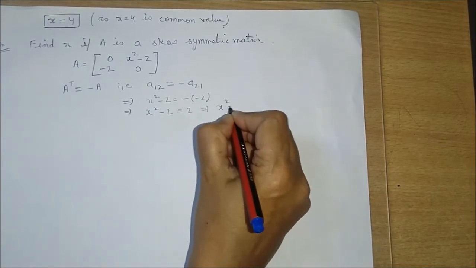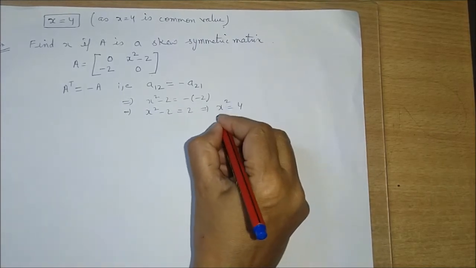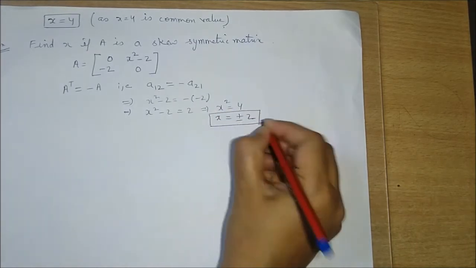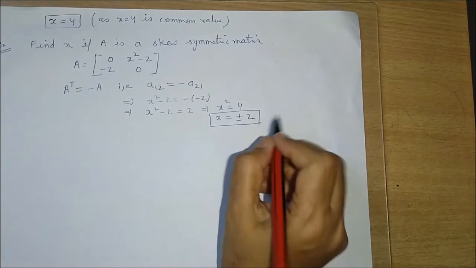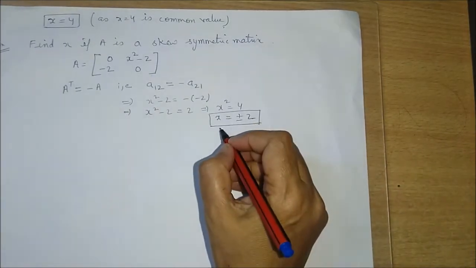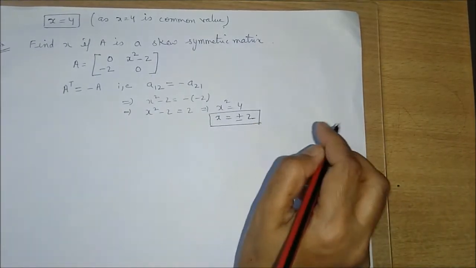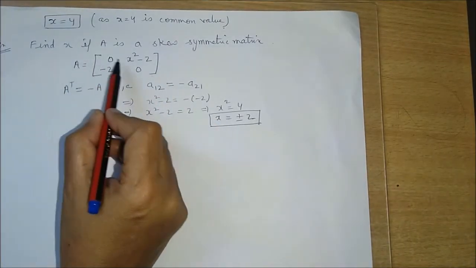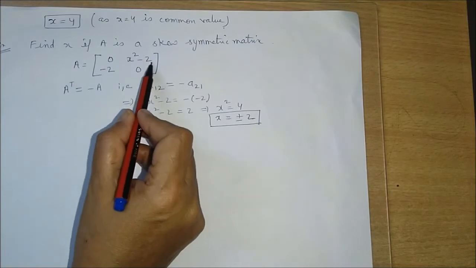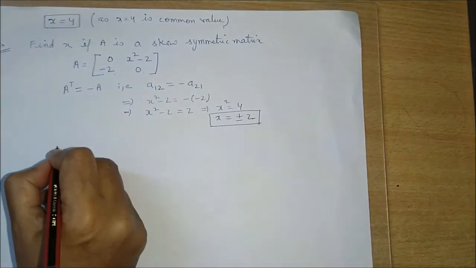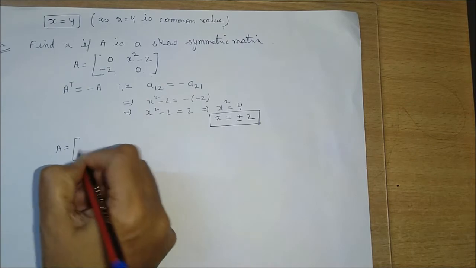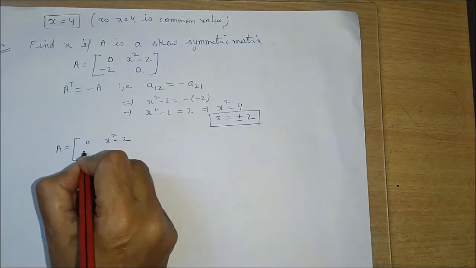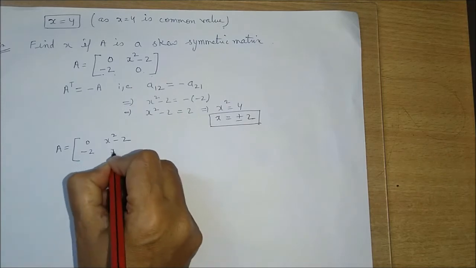That means x square equals to 4. So the value of x comes out to be plus minus 2. Here we get x as plus 2 as well as minus 2. So x can take value plus 2 as well as minus 2. Now instead of A as 0, x square minus 2, minus 2, 0, we can also have A as 0, x square minus 2, minus 2 and x minus 2.